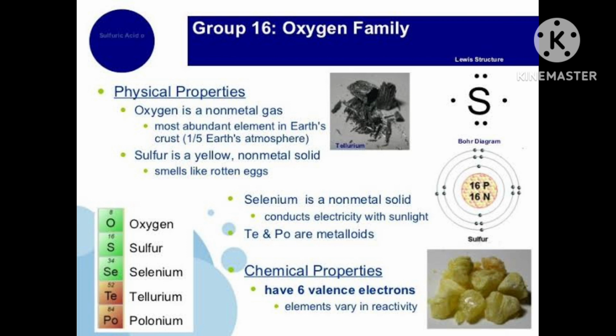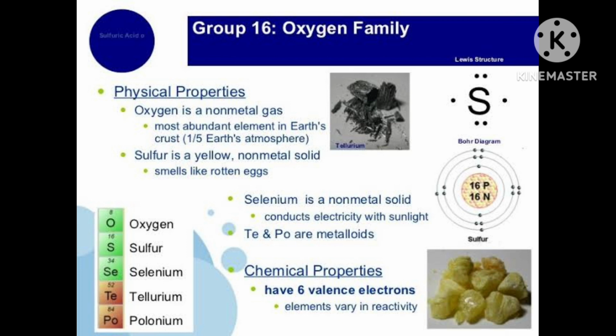Now, another property I am telling you: reactivity towards the halogen. Elements of group 16 form a large number of halides of the type EX6, EX4, EX2, where E is an element of the group and X is a halogen.